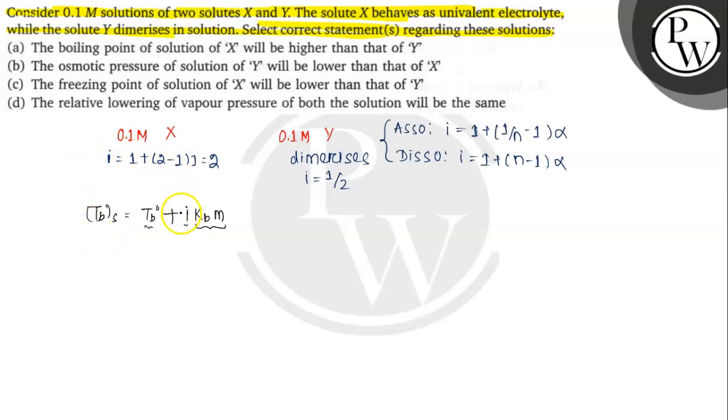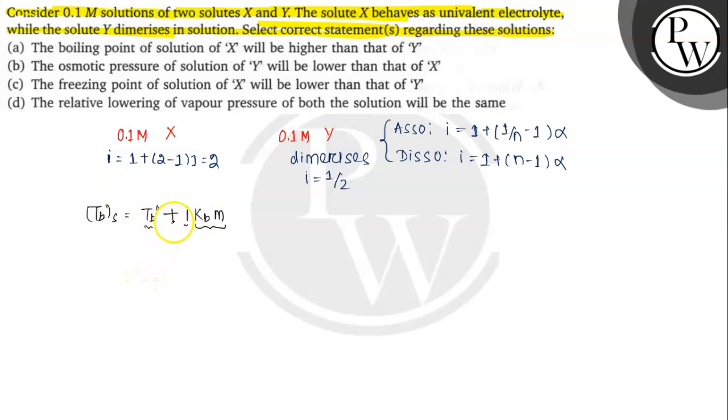It only depends upon the Van't Hoff factor. The boiling point of solution will be more if the i value is more. That means they are directly proportional to each other.